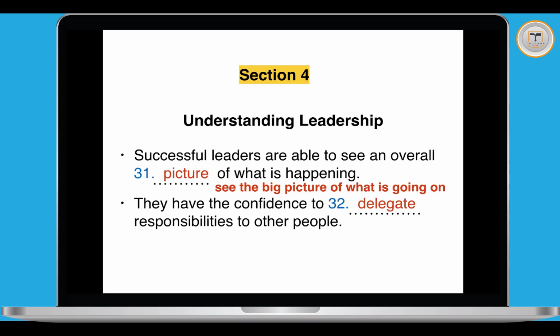Instead of what is happening, what is going on. And for 32, happy to delegate tasks and duties. Instead of confidence to, they're happy to. And responsibilities, you've got tasks and duties. So again, similar words, not necessarily the same words that you see in the questions. And this is what makes section 3 and 4 particularly difficult, because we have a lot of this.